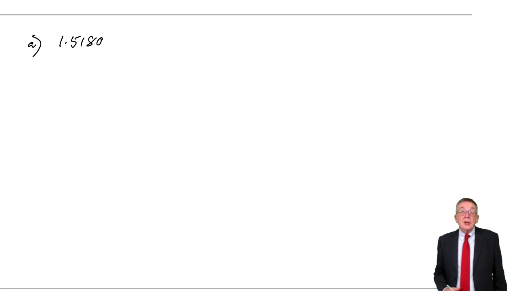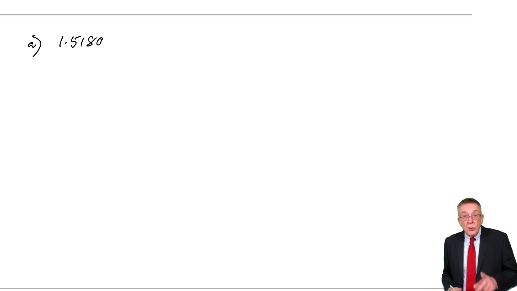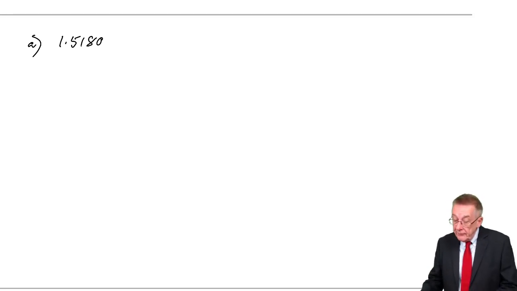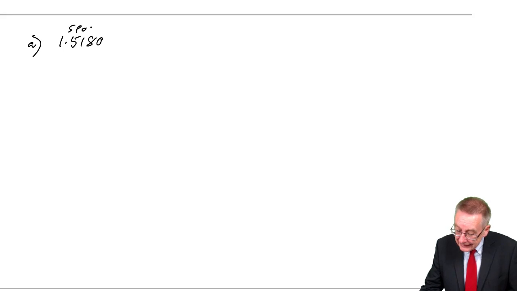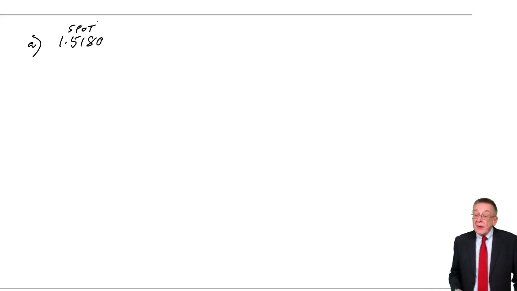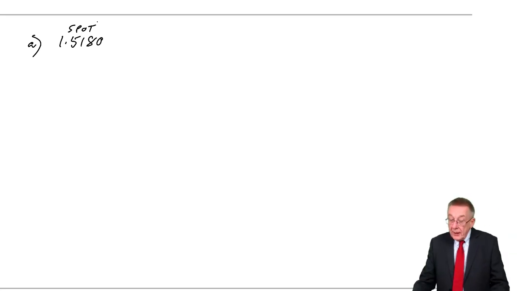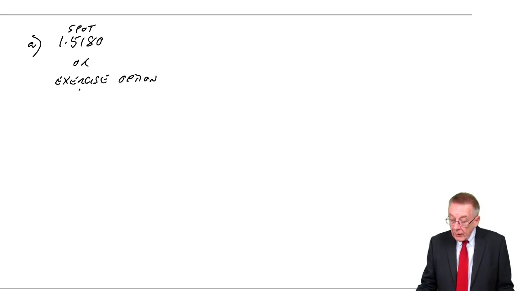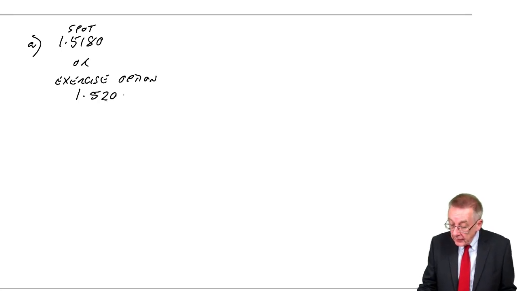Well, when it comes to the 30th of June and we see what the spot rate is, it's our choice. We can either convert at spot, 2 million divided by 1.5180, or we can exercise the option, which would give us the right to convert at 1.52.